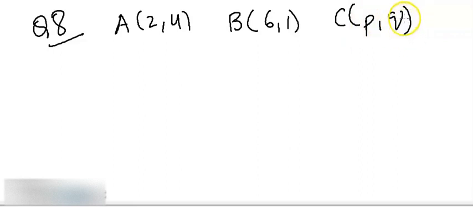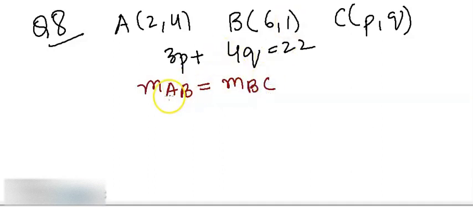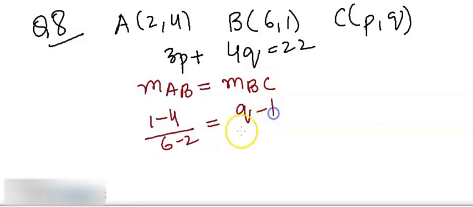If these points are collinear, then we need to show that 3p + 4q is equal to 22. So the slope of AB must coincide with the slope of BC. The slope of AB is (1 - 4) divided by (6 - 2). This should be equal to the slope of BC, which is (q - 1) divided by (p - 6).